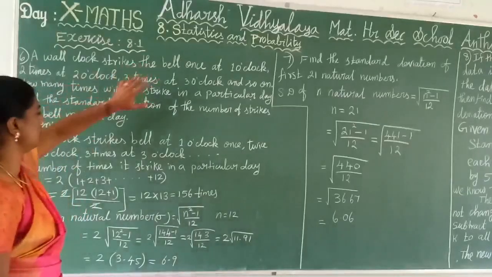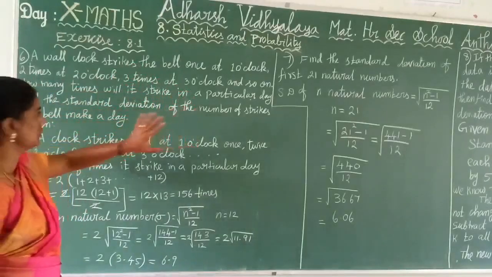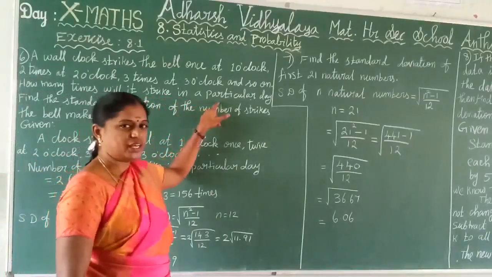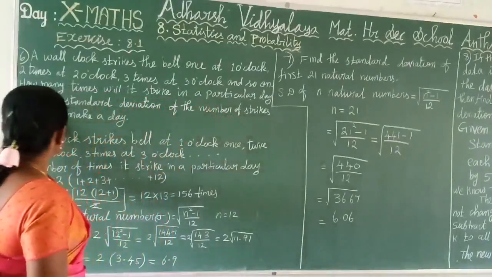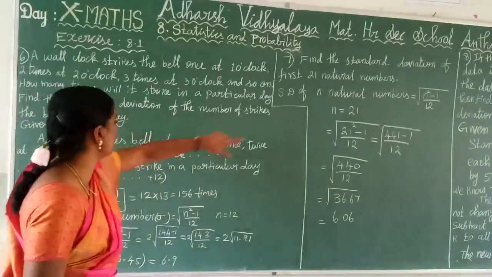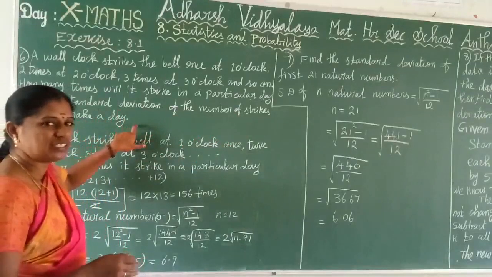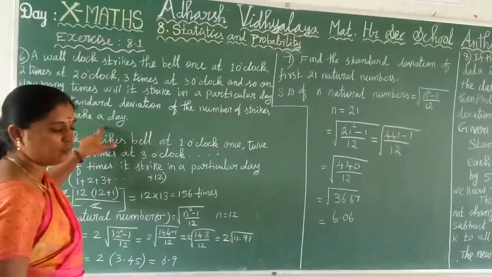So here 1 time at 1 o'clock, 2 times at 2 o'clock, 3 times at 3 o'clock. How many times will it strike in a particular day? Find the standard deviation of the number of strikes the bell makes in a day.